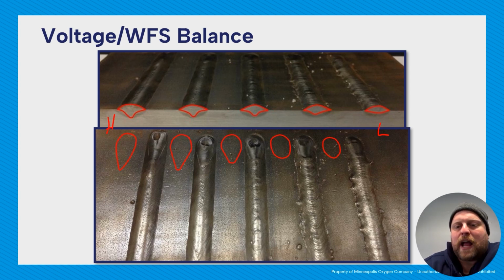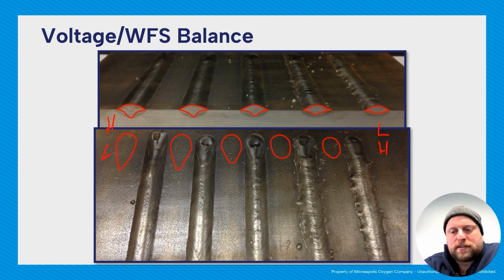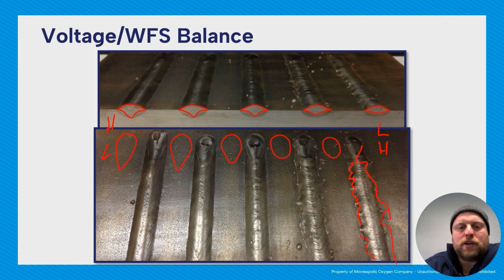So this would be higher voltage on this end, lower voltage on that end, as far as the balance between the two. And you can see how it can really affect what the bead looks like and your penetration profile. So you can see here, lower wire feed speed, you're not going to get the right type of fusion penetration. Very smooth over here. You can see less penetration, more penetration, that sort of thing.